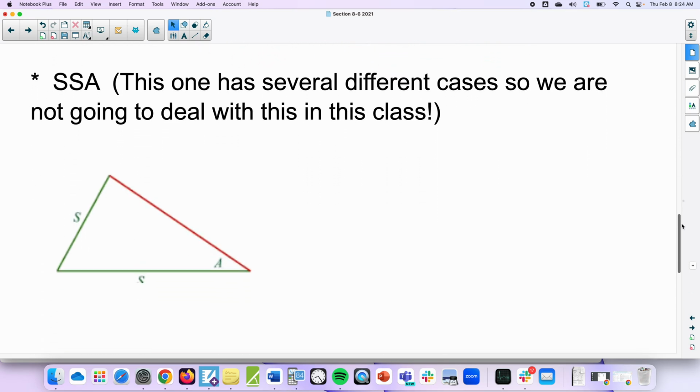Do you guys remember talking about ASS, and that wasn't one that worked, right? Of course, they call it side-side angle, not ASS, but this one does actually work, but it's kind of intense how you solve it.